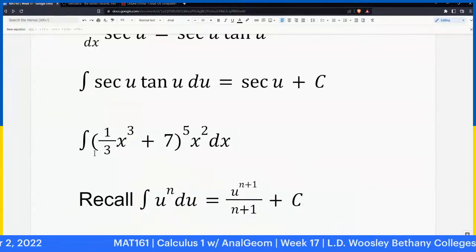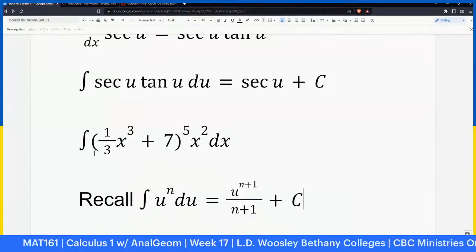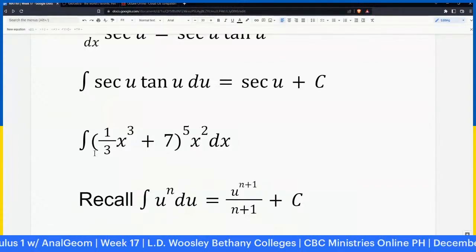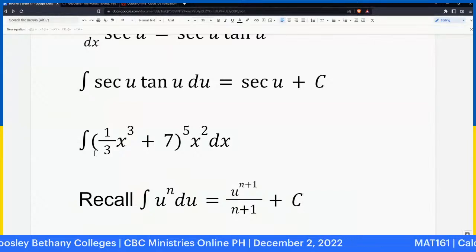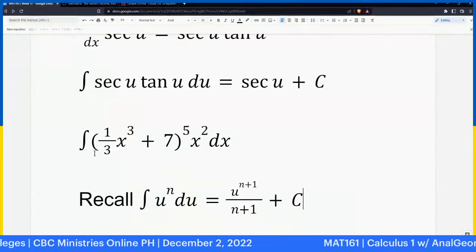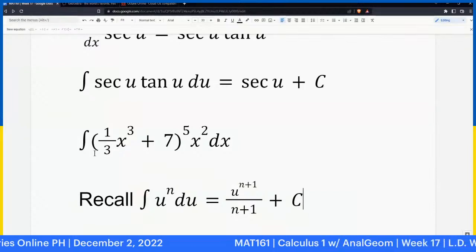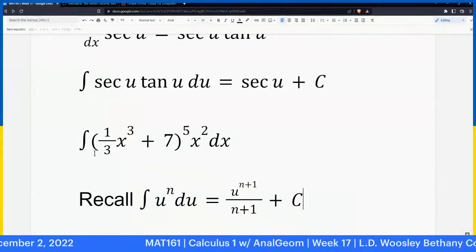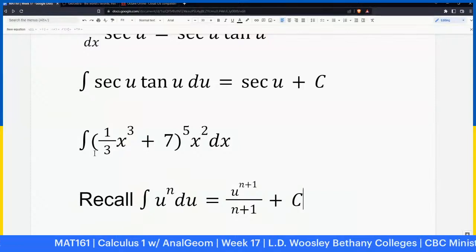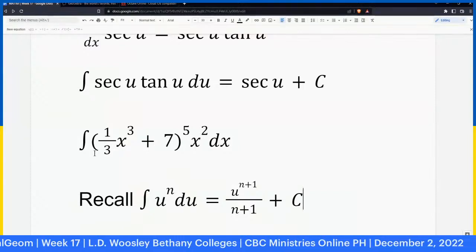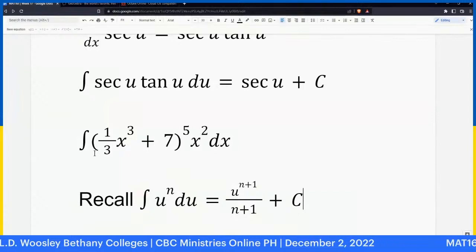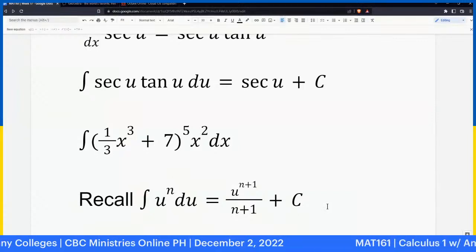Saan dyan ang U? Yung 1/3 x cubed plus 7 to the 5th power, hindi, squared. Di nakasama yung to the 5th. Yun yung N eh. Ang tanong ko lang U. So 1/3 x cubed plus 7. Okay, yan yung U. Okay po. Okay, sige.